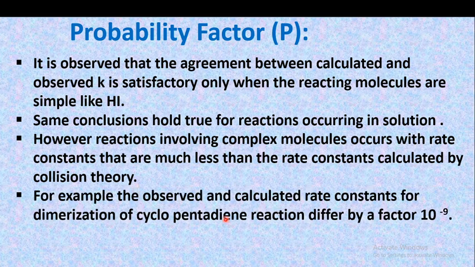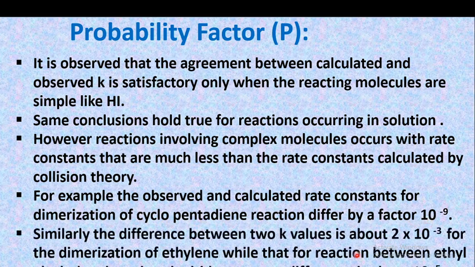For example, the observed and calculated rate constants for the dimerization of cyclopentadiene differ by a factor of about 10 raised to minus 9.